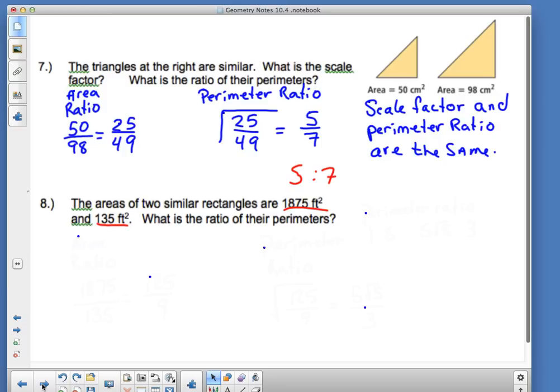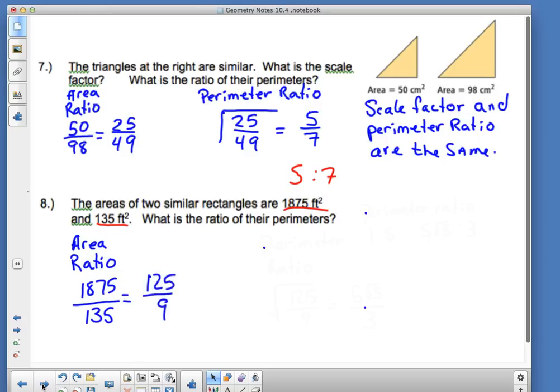For those folks who don't have a graphing calculator, you'll need to use your D to F or F to D, which is decimal to fraction button, and the appropriate fraction button, because one will be mixed numbers and one will be improper fractions, and be able to switch those over if you're not feeling comfortable with your division of reduction when you're dividing out our values for 1875 to 135.